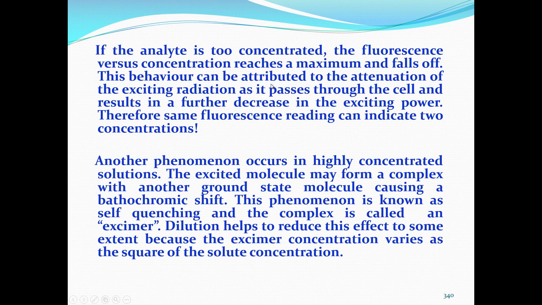So, this behavior can be attributed to the attenuation of the exciting radiation, as I already told you, and this results in a further decrease in the excitation power. Therefore, the same fluorescence reading can indicate two different concentrations. You should have understood this aspect.